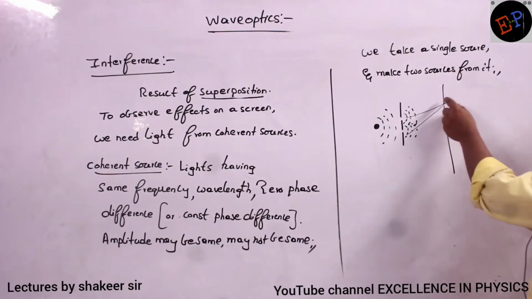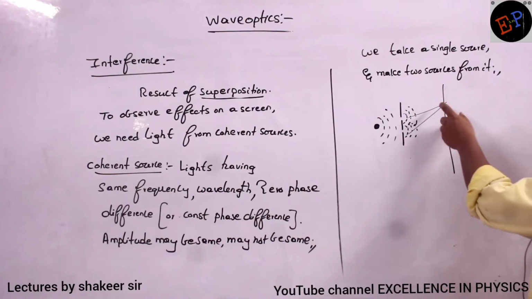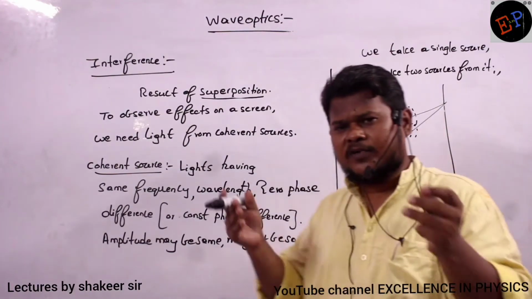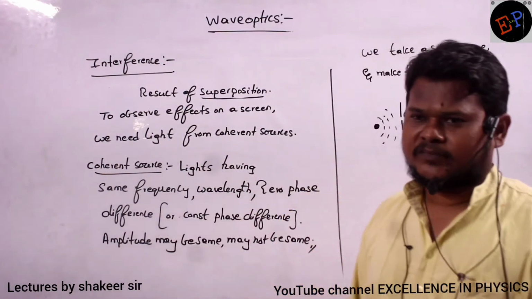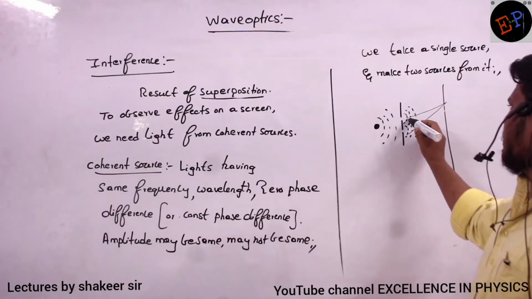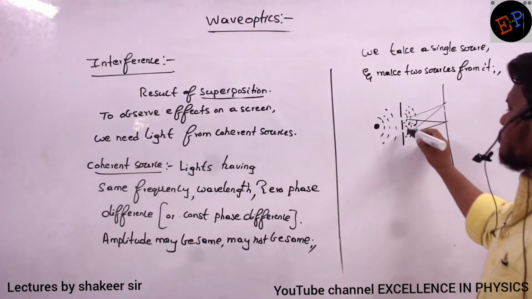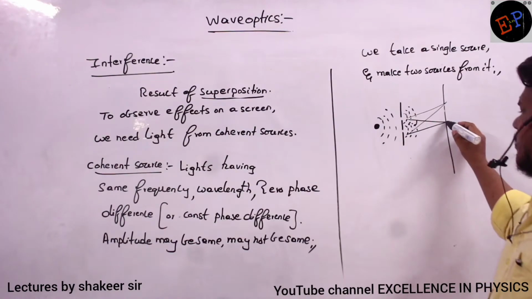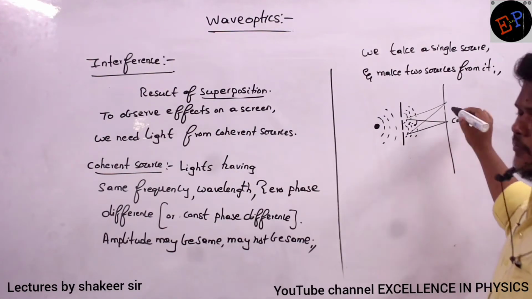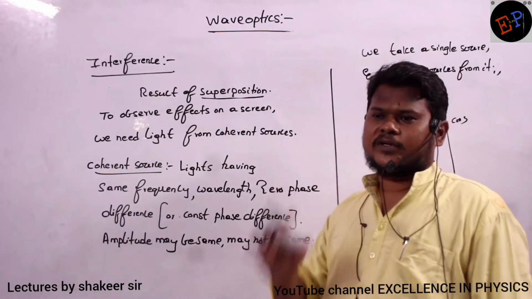So therefore here if a dark band is present, if they are interfering destructively, always they will interfere destructively only. Okay, ma? Similarly, if light reaches this point from these two sources, and here if two waves are interfering constructively, then always you will find constructive interference only.